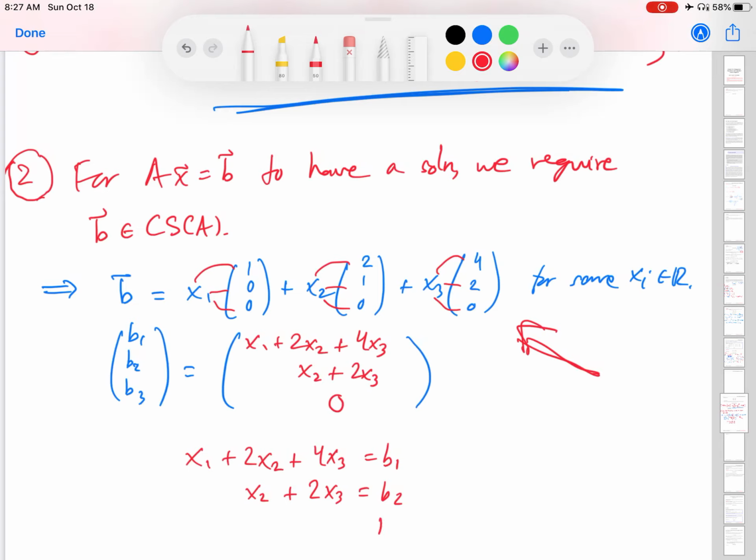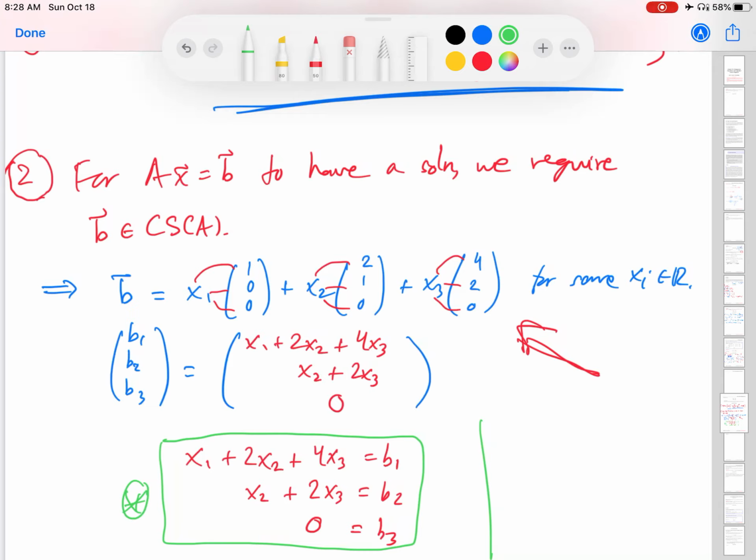It must be true that x1 plus 2x2 plus 4x3 is b1, x2 plus 2x3 is b2, and that b3 is 0. Anyway, this is our answer to number 2. For what b does Ax equals b have a solution? In this case, this is the answer. b has to be expressible in this form.